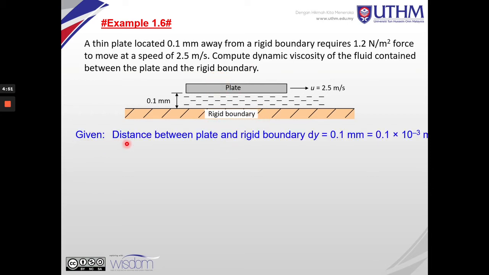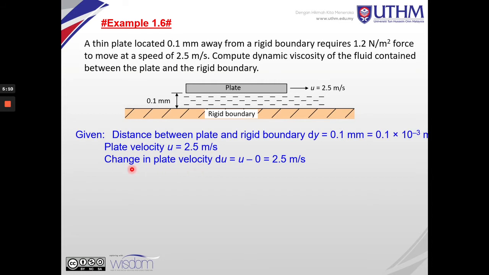So given the distance between plate and rigid boundary, dy is 0.1 mm. We convert to meter, so we get 0.1 times 10 power of negative 3 meter. The plate velocity is 2.5 meter per second, so the change in plate velocity is du.